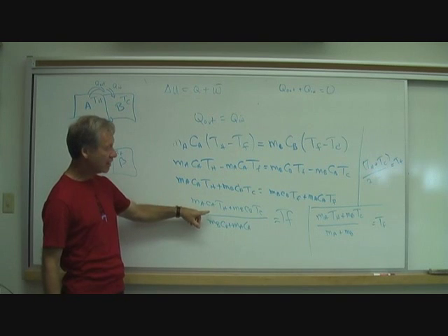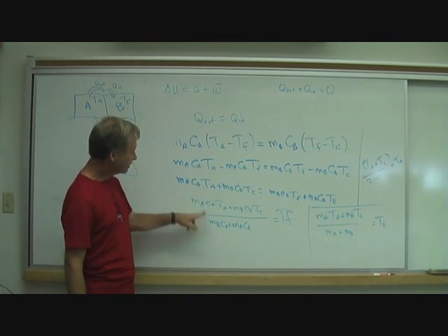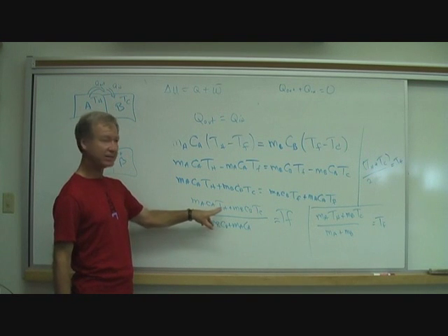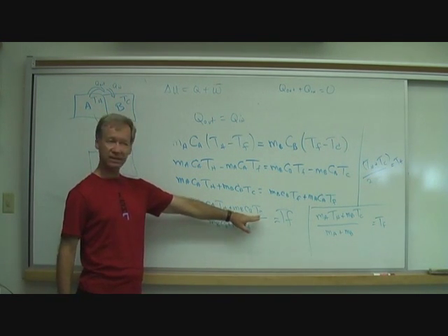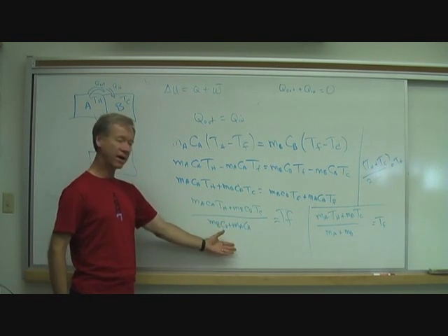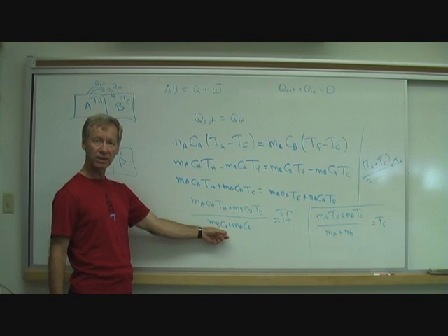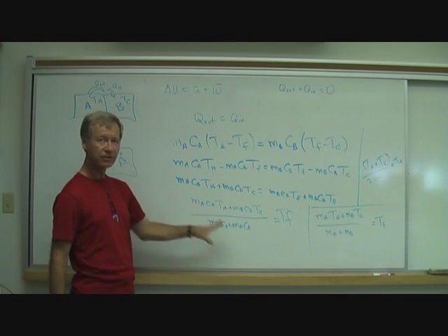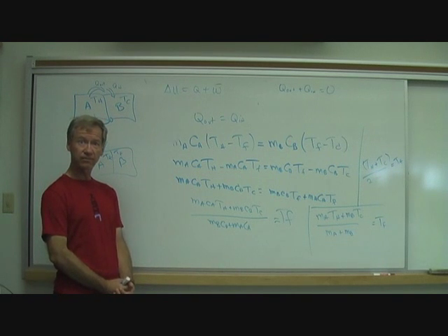So it's not just mass times temperature. It's mass times specific heat times temperature, plus the other mass times specific heat times temperature, divided by the total mass-specific heat quantities. All right? So this is the way to figure out that thermal equilibrium temperature.